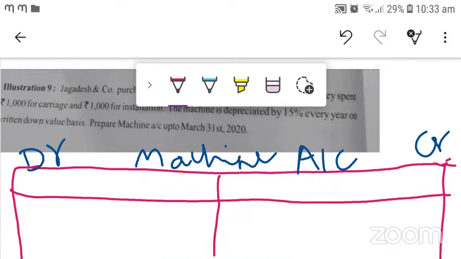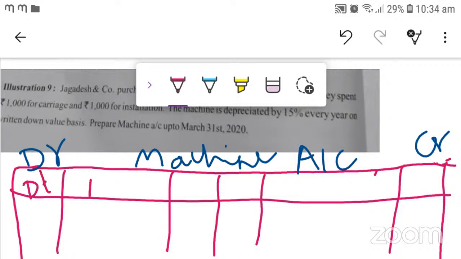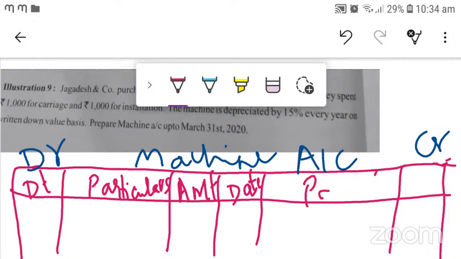We will make columns. Here we have to mention date, particulars, amount, date, particulars, amount. Okay, 6 columns.